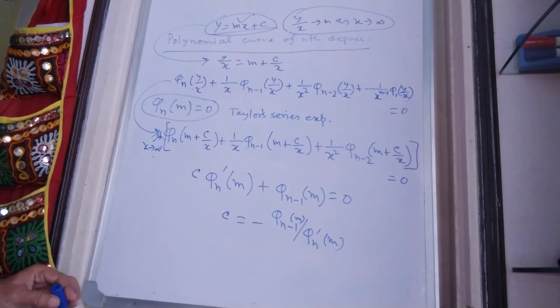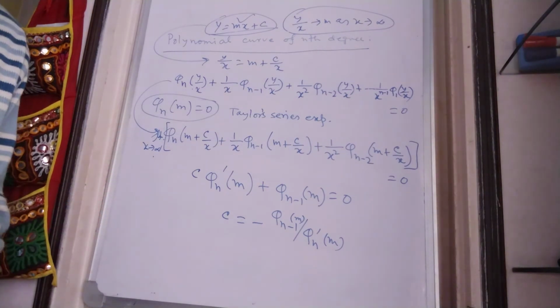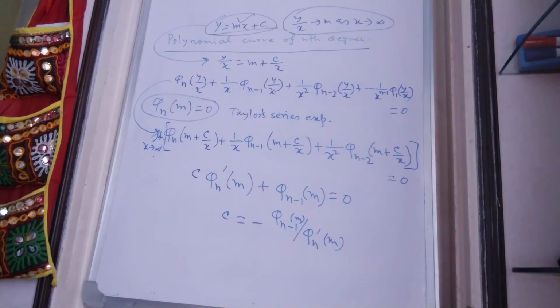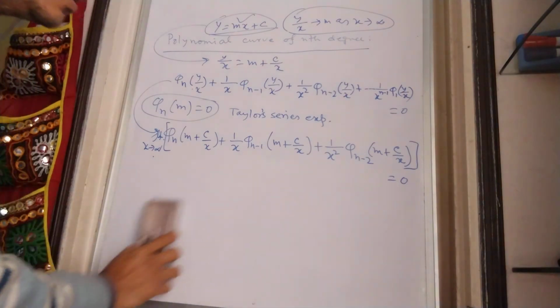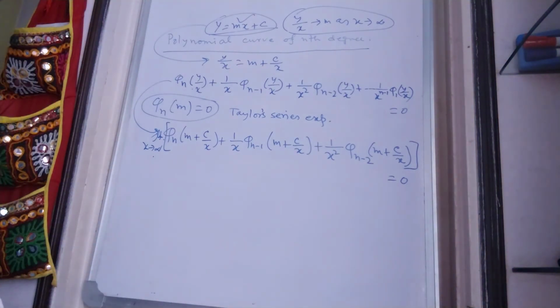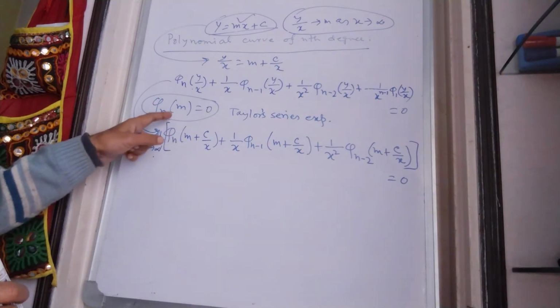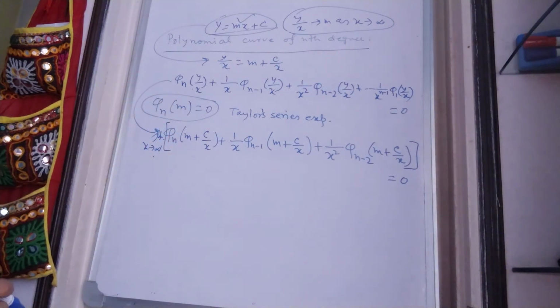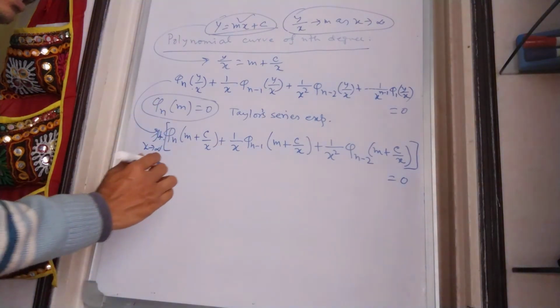So it's clear. Now there is another point to be noted. What is the point? The point is that we may have a repeated root, a cube root, isn't it so? Phi n m, we have assumed that it has a single root. It may have a double root, isn't it so?